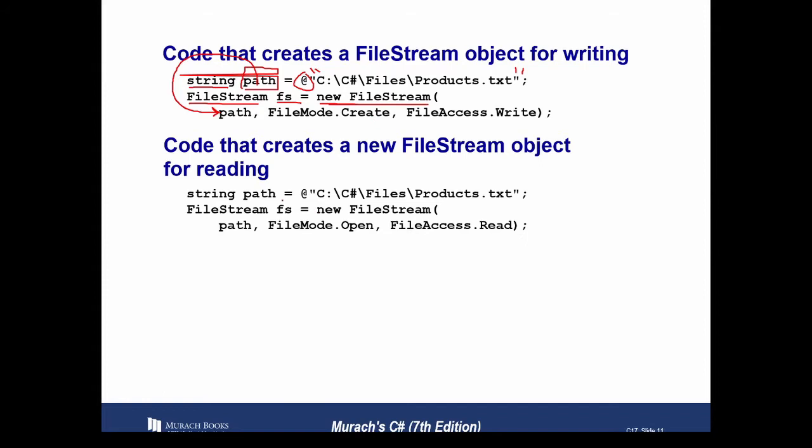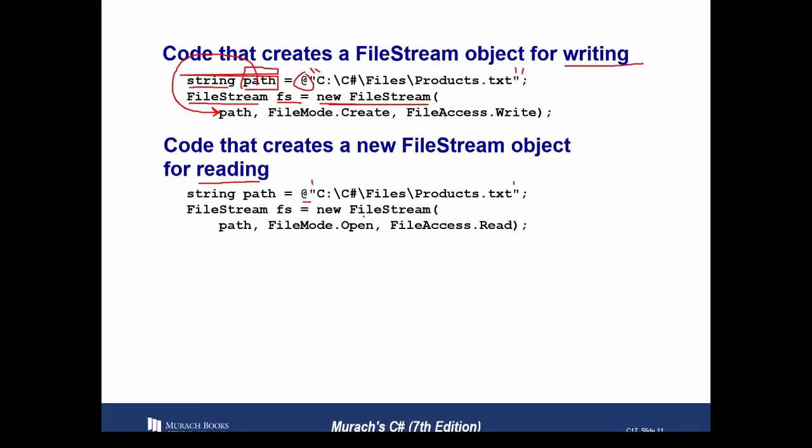All right, and similar to what happened down here, code that creates a new FileStream object for reading. So this one's for reading, this one is for writing. Obviously you cannot read something that hasn't first been written. And this one is again string path, the @ symbol, quotations.